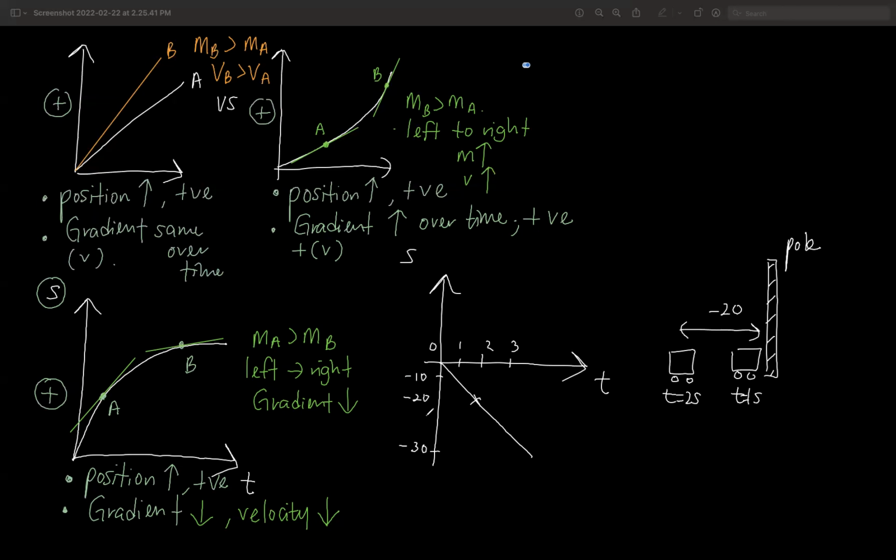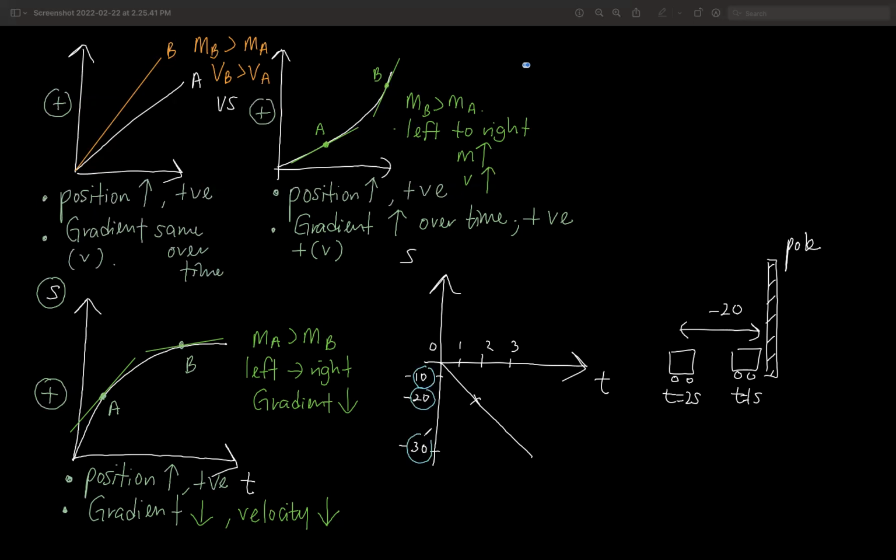Here, you want to be careful with the value, because a lot of students, when they see the graph, will think that this line means it is decreasing because it's sloping down. But is it decreasing? You look at the value, minus 10, minus 20, minus 30. Look at the numerical value.